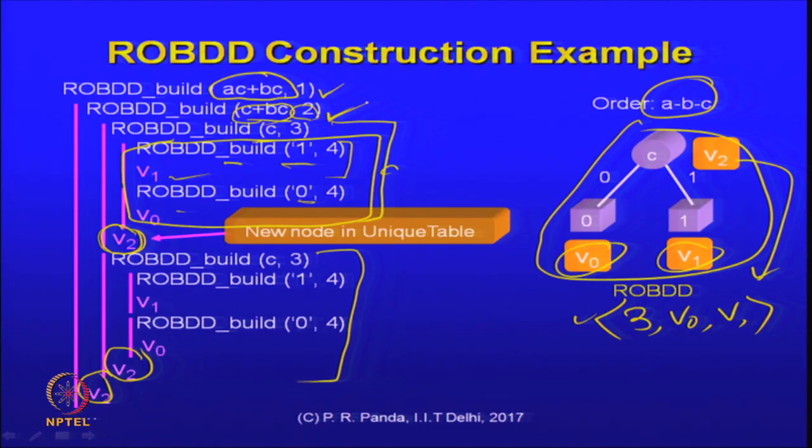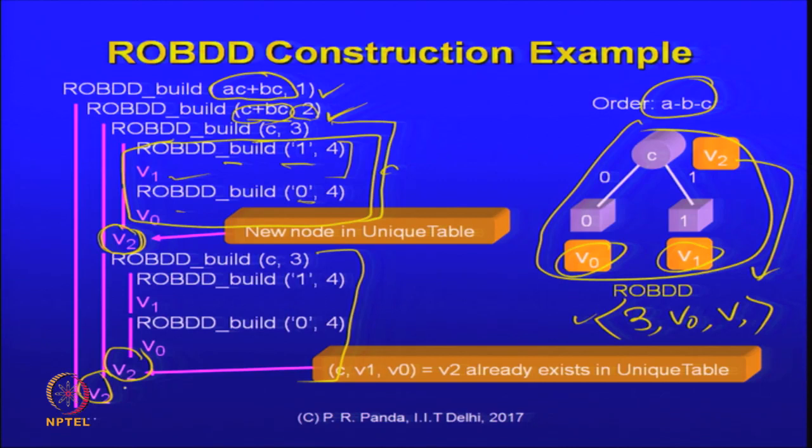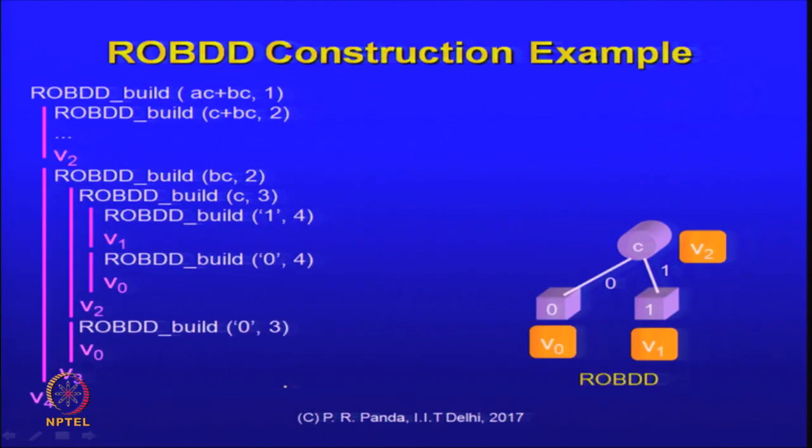So, therefore, both the children are the same node, both the children are V2. So, the parent also would return V2. Okay, that is one. Okay, so, this is the recognition that L equals R. So, L equals R, I would just return V2. That is part of the recursion done.